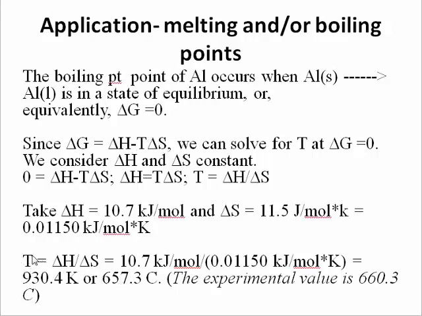If you have a value of T greater than 930.4 Kelvin and plug into delta G is delta H minus T delta S, you'll have a value of delta G less than 0 or negative. So at the melting point or temperatures above the melting point, melting is spontaneous. In fact, above the melting point, only the liquid can exist.